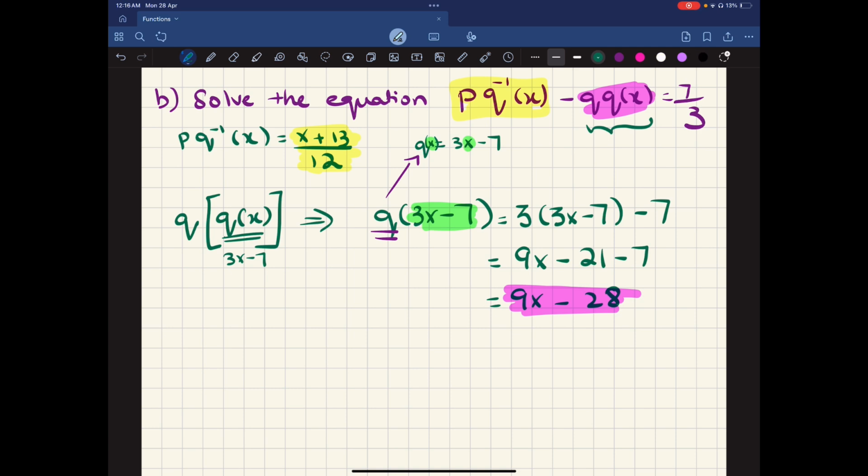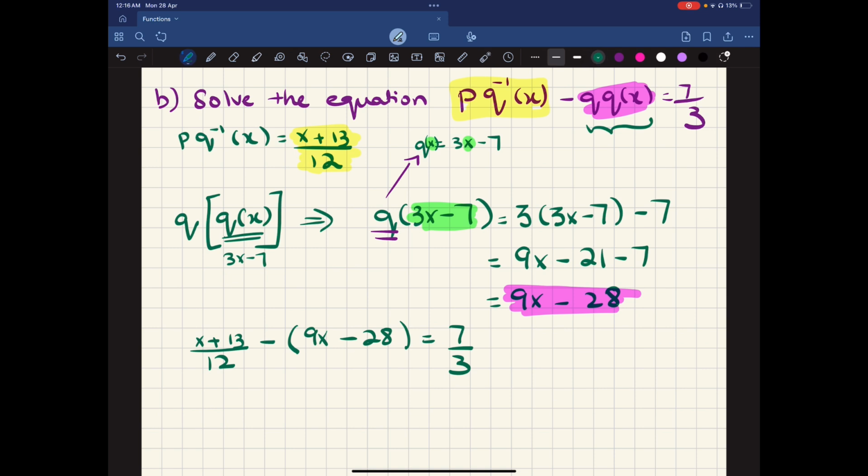So in place of the yellow highlighted function, we're going to write x plus 13/12 minus, what is qqx? 9x minus 28. That is equal to 7/3. Make sure that you place these brackets because you have a negative sign. When you open the bracket, it's going to become positive.